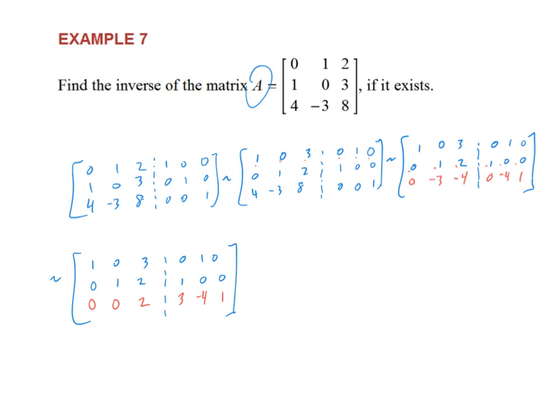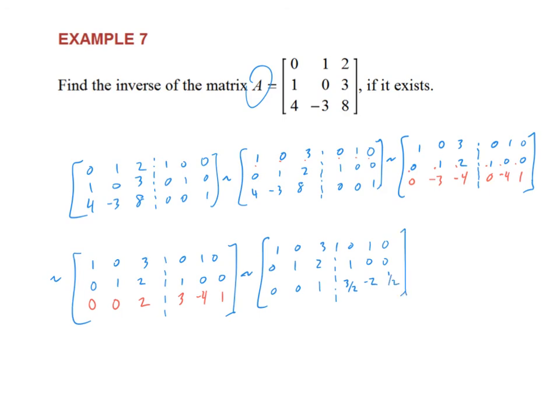Unfortunately, in our next step, we're going to have a fraction. I'm going to scale row 3 by a factor of 1/2. So row 1 is staying, row 2 stays, and then row 3 becomes 0, 0, 1, 3 halves, negative 2, and 1/2.